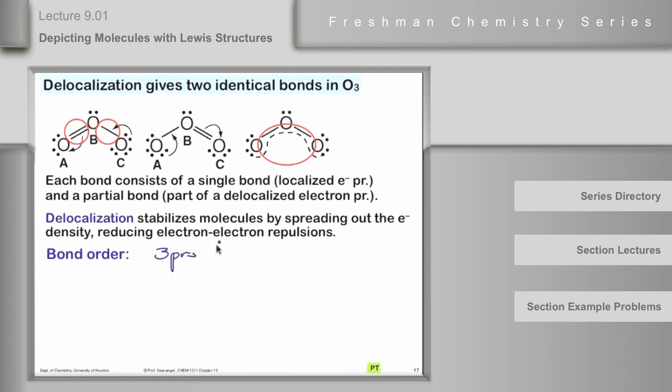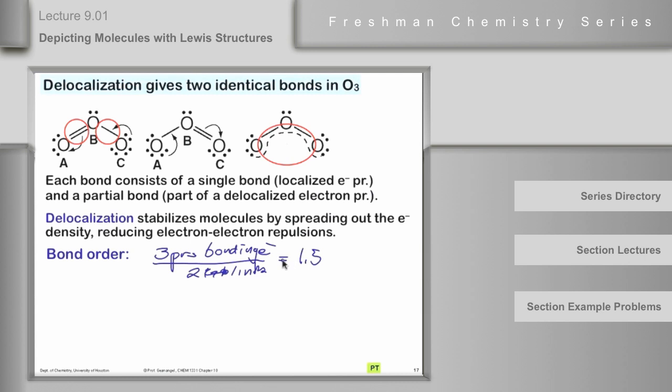These are bonding electrons. Bonding electrons, divided by 2 links, 2 oxygen-oxygen links. So the bond order for this delocalized case is 1.5.